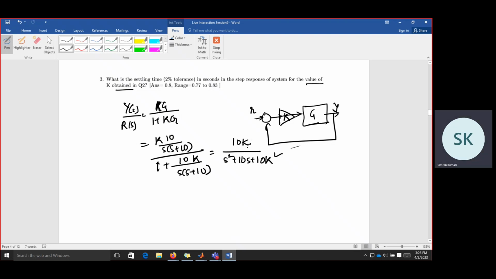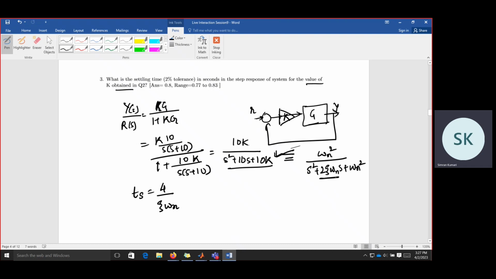So the value of K we know, and we have to find what the settling time is. This is a kind of second order system. So Ts will be 4 by zeta omega n. Now we'll try to find this. What is the standard second order system transfer function? Omega n squared by s squared plus 2 zeta omega n s plus omega n squared.